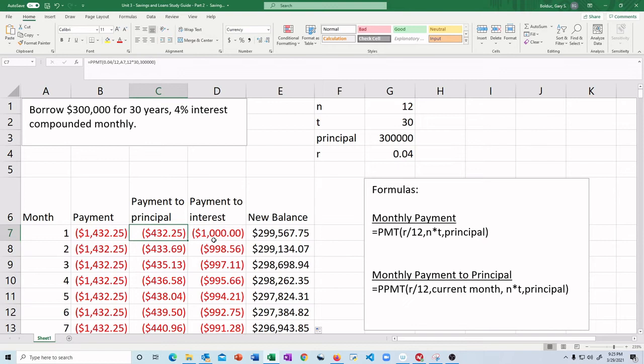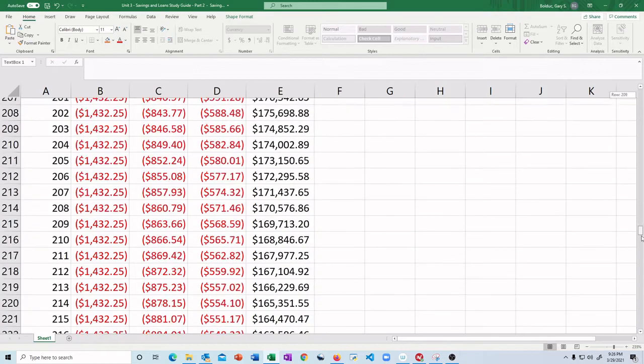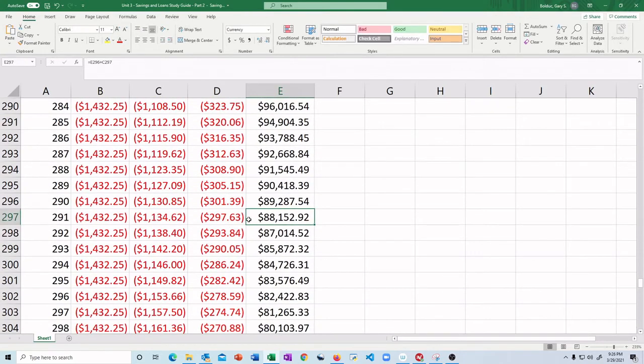The other thing to realize, and this is true with savings and loans, is that the interest, the 4% divided by 12 that's getting applied every month, is a pretty good chunk of change when the loan amount is high. When you've already paid off a lot of the loan, this interest isn't as bad. But you got to start paying off the loan.